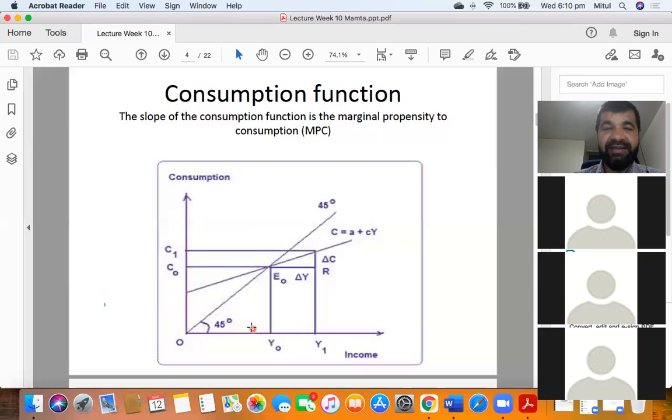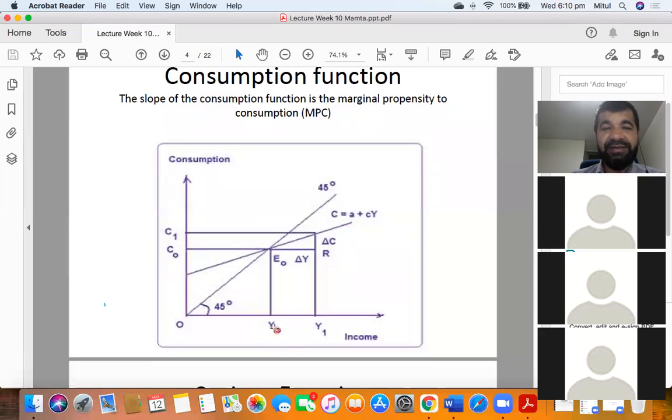Now if our income is Y0, how much autonomous consumption? It will be this much, C0. If our income is 0, autonomous consumption is this much.